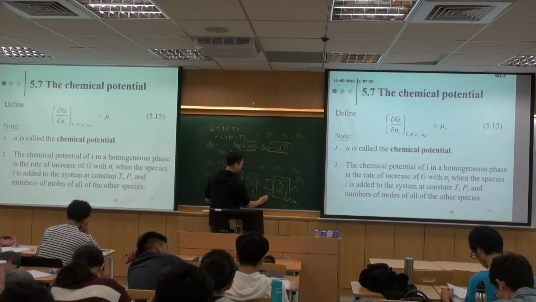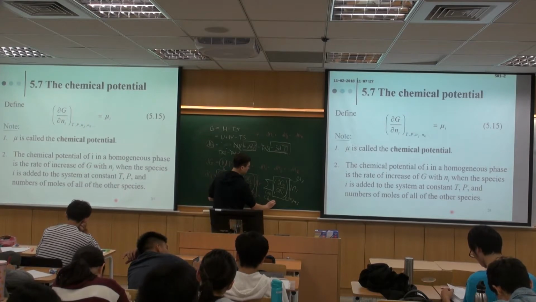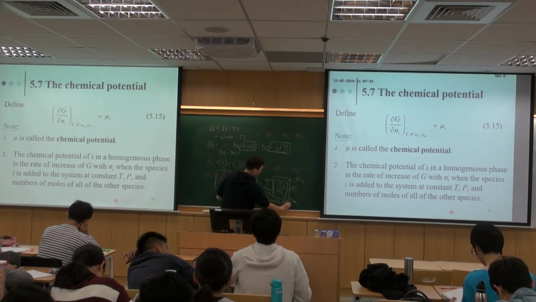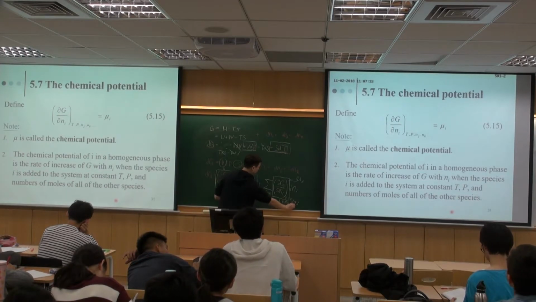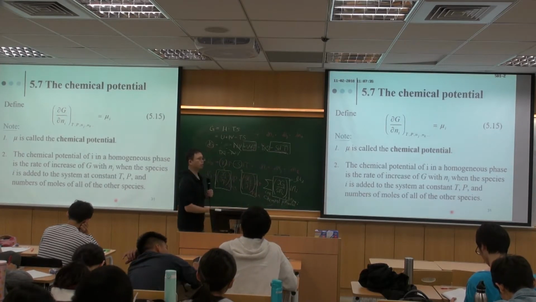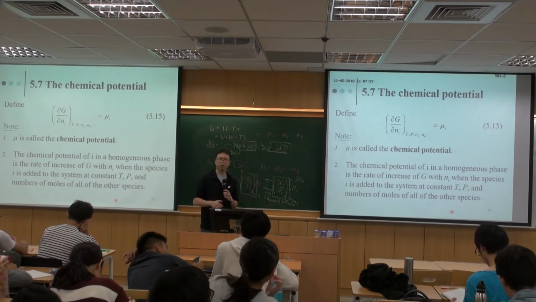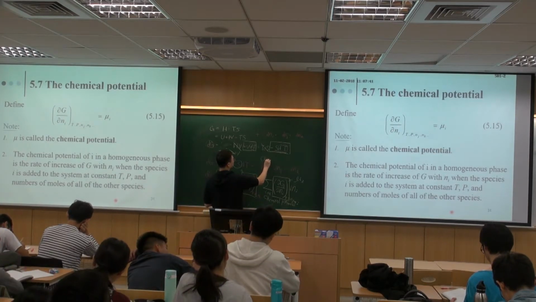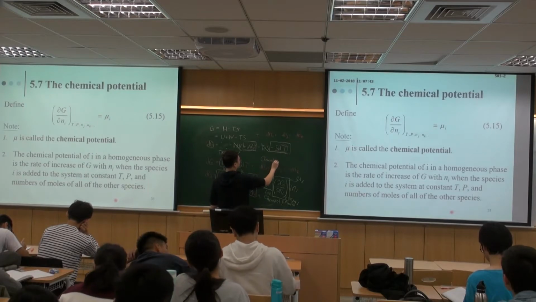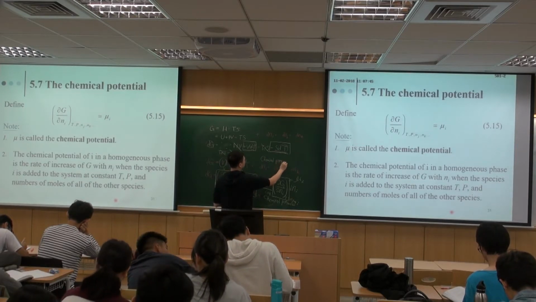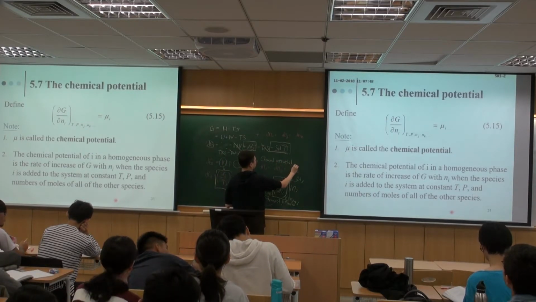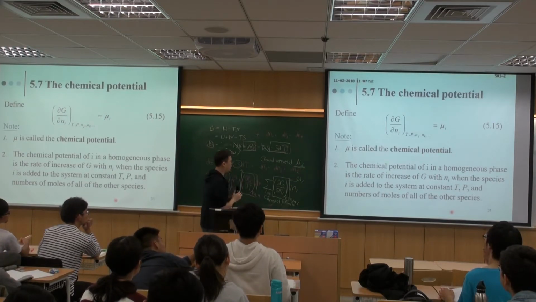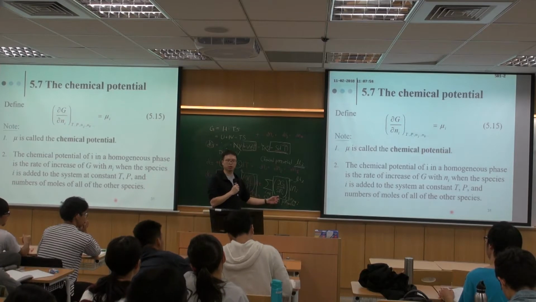And this is the chemical potential of a certain species i, written as mu i, and expressed as partial G, partial Ni.